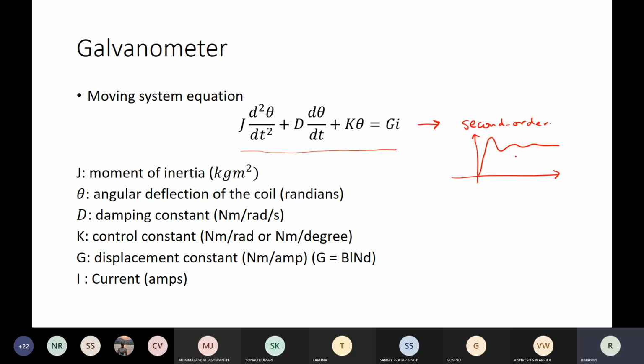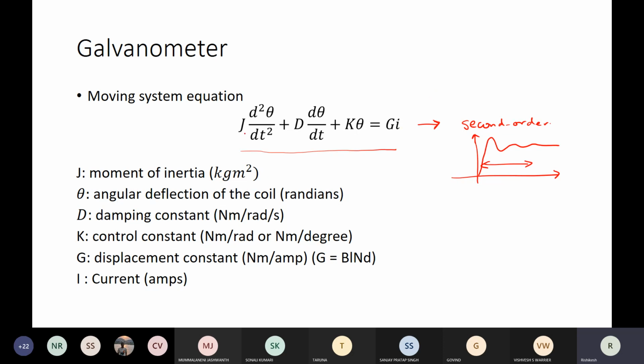It will take some time, although this time is very small, but it does represent this type of response. In this case, theta is the output, that is the angular deflection, and current is the input.